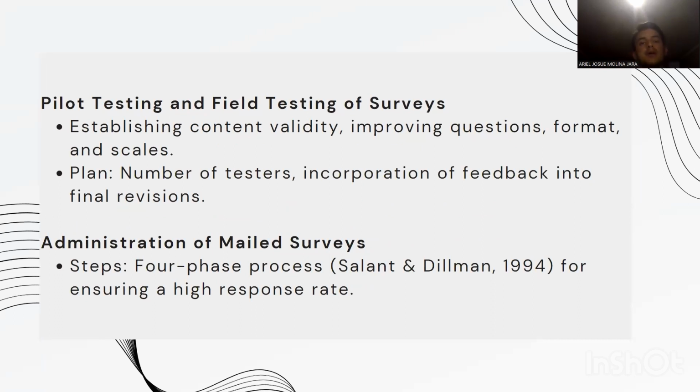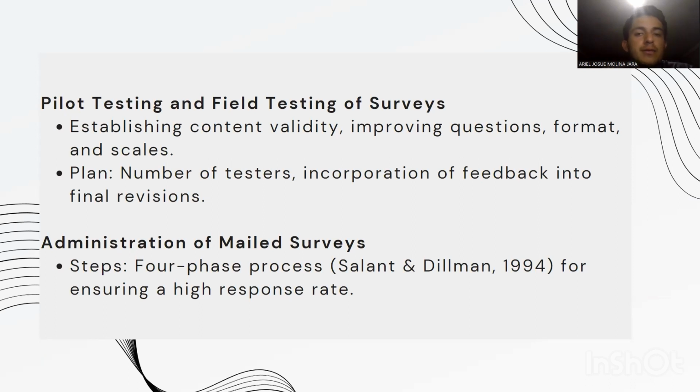Also, it's important when we apply a modified survey, or maybe a sample survey, to do a test of this new survey. When we do this test, we establish content validity and improve questions, format, and scales. And we have to make a plan to test the new survey.